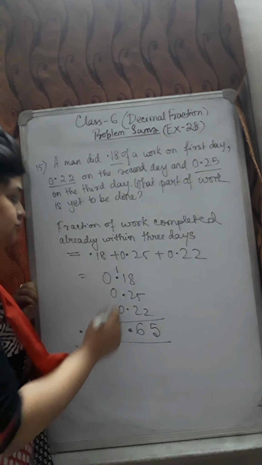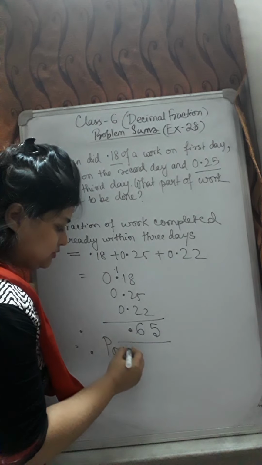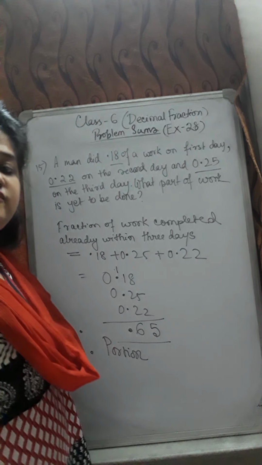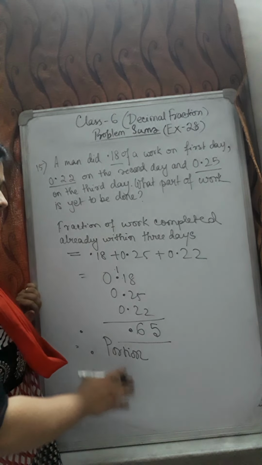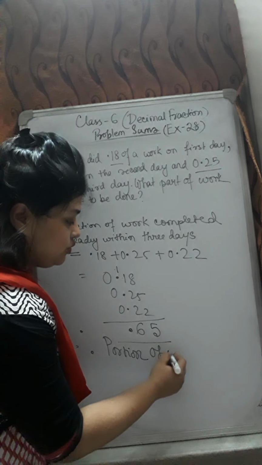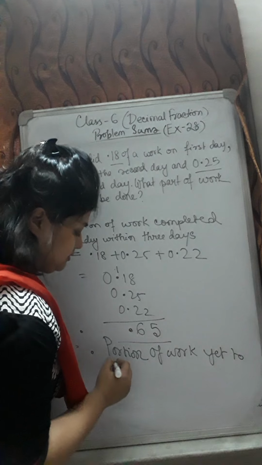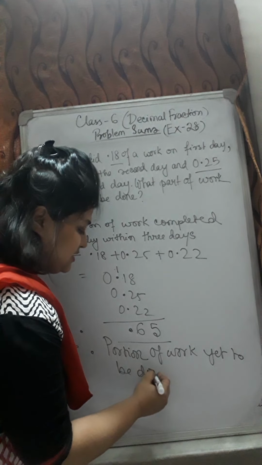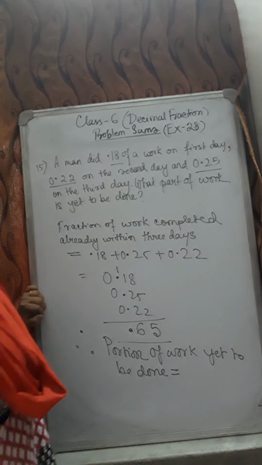Therefore, we need to find the portion yet to be done. A portion also means giving the answer in fraction or decimal fraction. So here the answer will be in decimal fraction. Yet to be done means how much work is left afterwards to be completed.